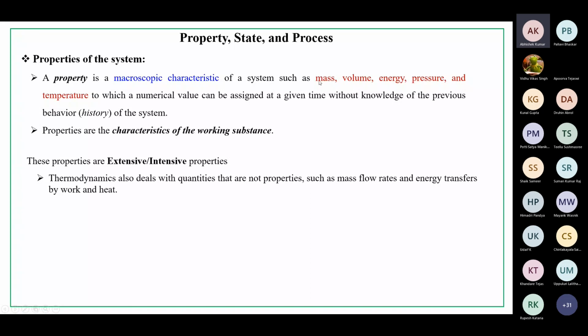Okay, thank you. That system has a mass of 4 kg, or that system has a volume of 1 meter cube. Or otherwise, if it is one bucket of hot water, that water temperature is 70 degrees centigrade, and the bucket capacity is 20 liters.